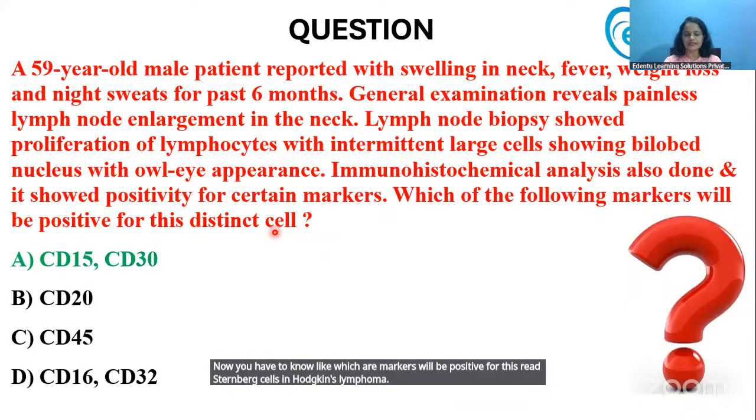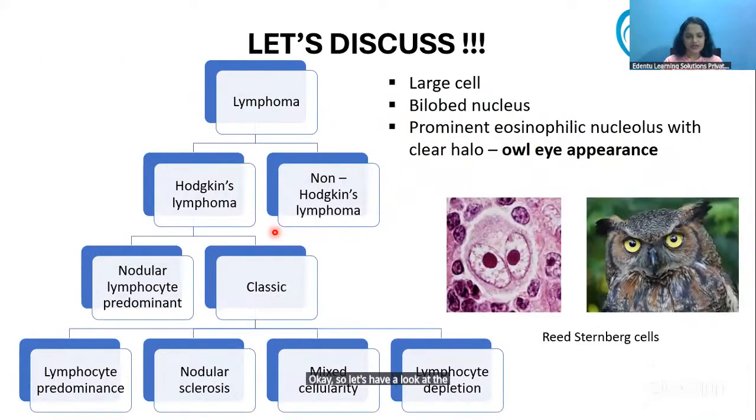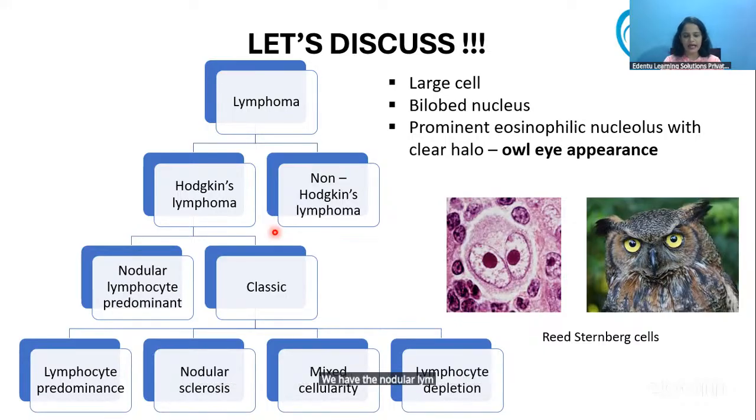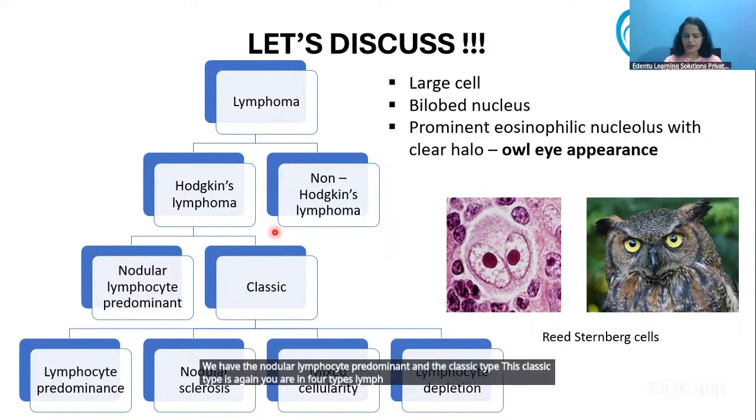So let's have a look at the different types of lymphomas. You have Hodgkin's lymphoma and non-Hodgkin lymphoma. Hodgkin's lymphoma can again be classified into two: the nodular lymphocyte predominant and the classic type. The classic type is again divided into 4 types. Lymphocyte predominant, where lots of lymphocytes can be seen.